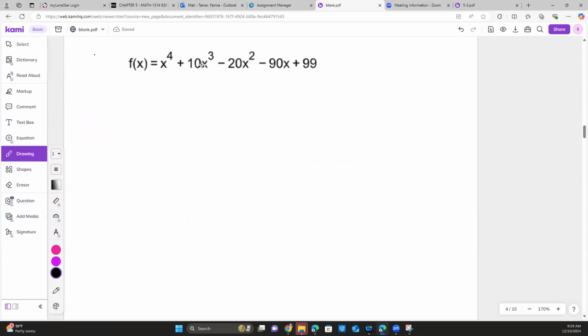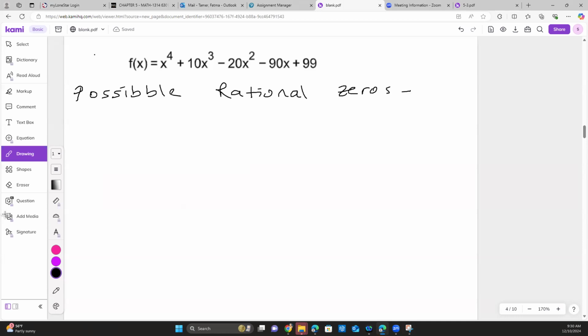Okay. So the last number is 99, and the leading coefficient is +1. Again, first, I want to find the possible rational zeros.